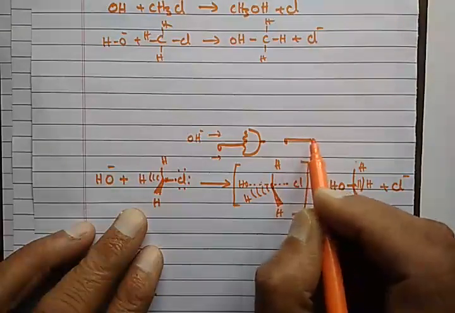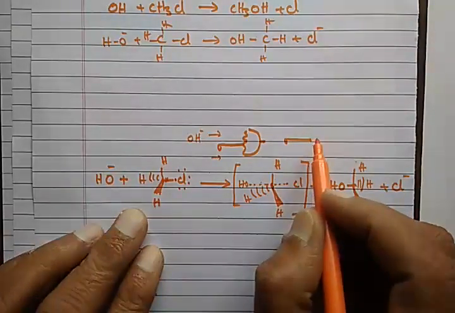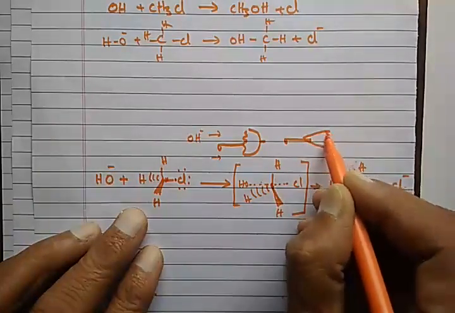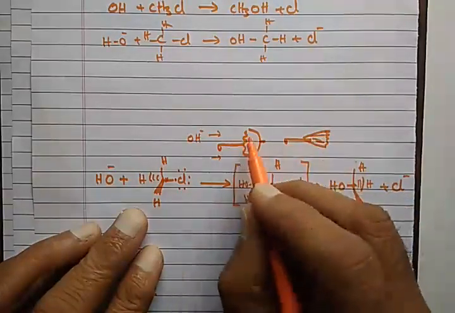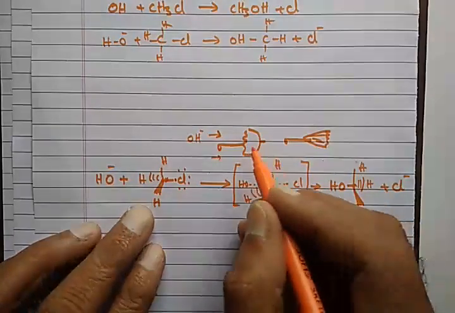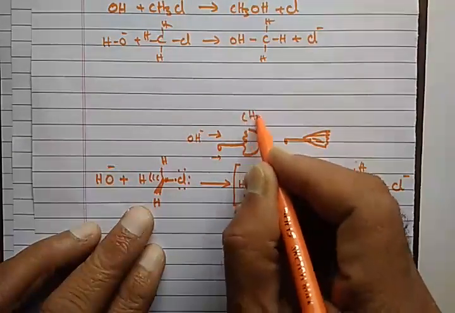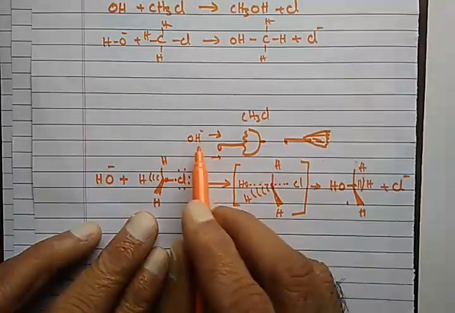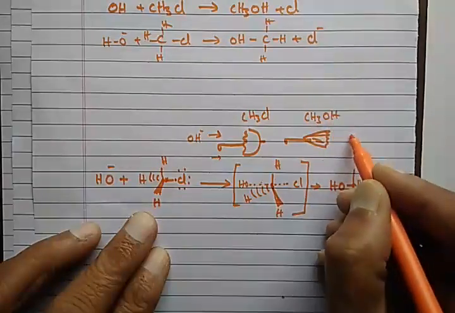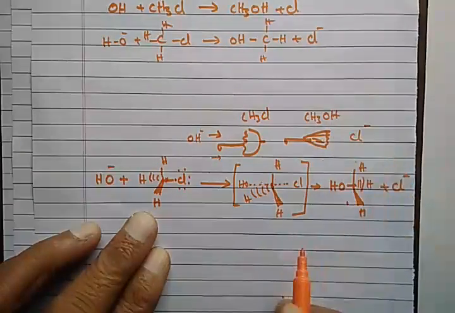The umbrella will turn upside down. So let us draw it upside down. Too much wind. OH is like a wind. It has come and it has disturbed this. This is nothing but CH3Cl. Now this OH has got attached, so it has become CH3OH and chlorine is blown away.